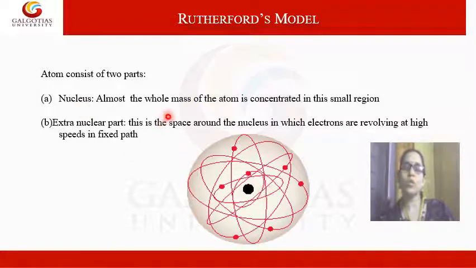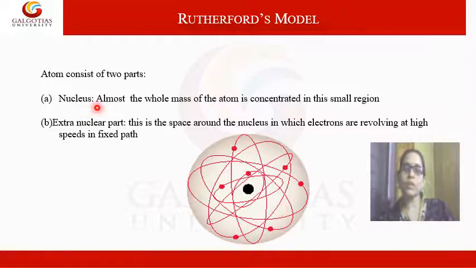That means almost the whole mass of the atom is concentrated in this small region. When alpha particles directly hit this nucleus, they are rebounded back. When they come closer to it, they are reflected by some angles.